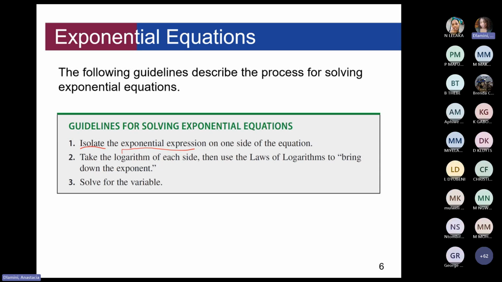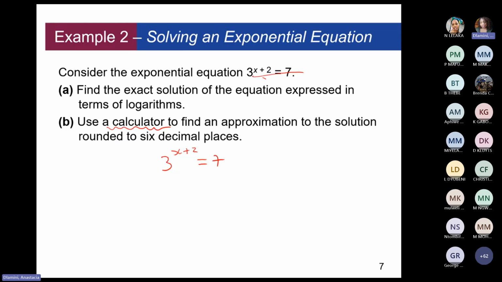Then it says take the logarithm of each side, then use the laws of logarithms to bring down the exponent. So which log are we using? Do we use ln? No. What are we using? We use ln, ma'am. Yes, we use ln.